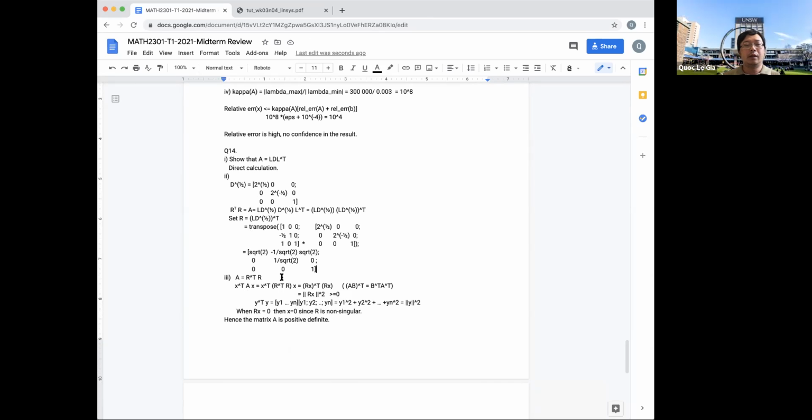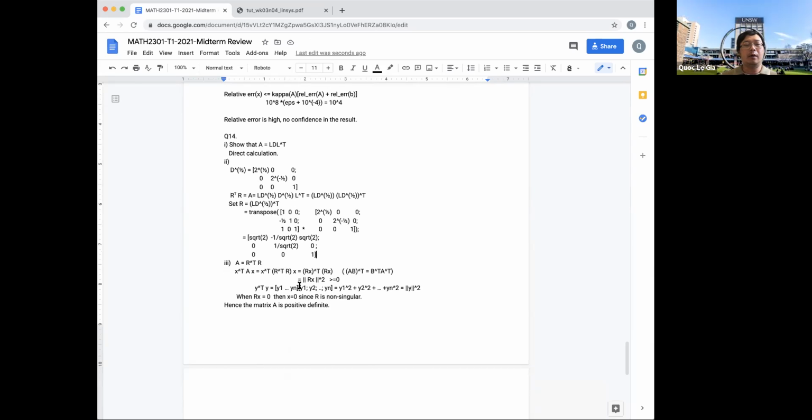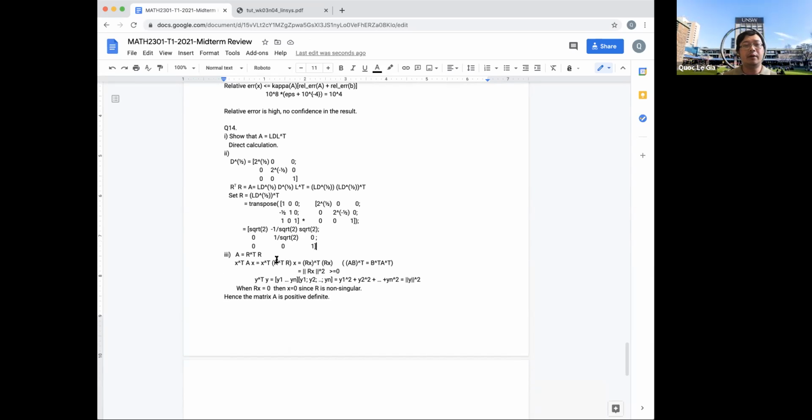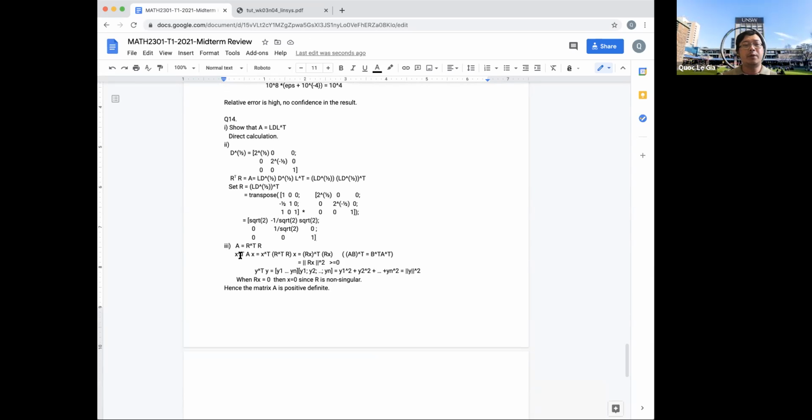And the third part: how do you show that the matrix is positive definite? First you compute X transpose AX. You combine X transpose and R transpose into (RX) transpose, because of this identity.